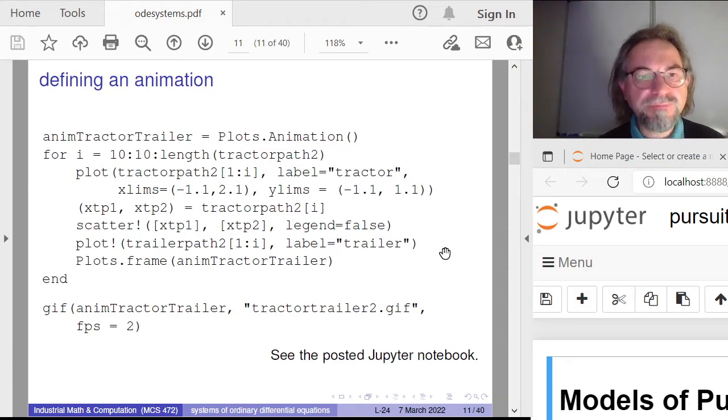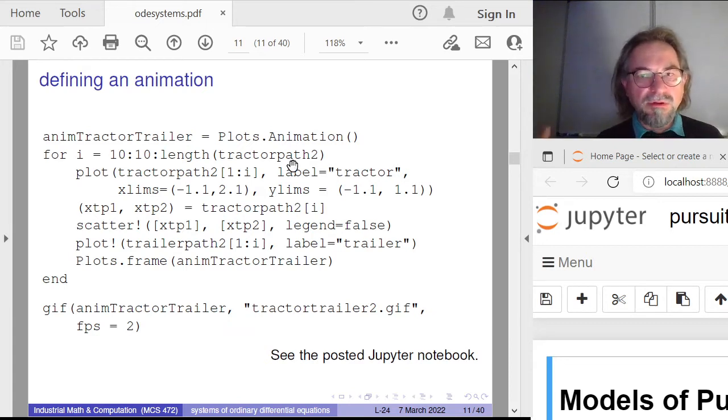So here is the code for the animation. It turns out that there is not that much work that needs to be done to build an animation. The key point is that we will take slices of the paths, so segments. The paths of the tractor and the trailer are computed once, and then you see that the critical parameter here, i, will run to the length of the path in steps of 10.